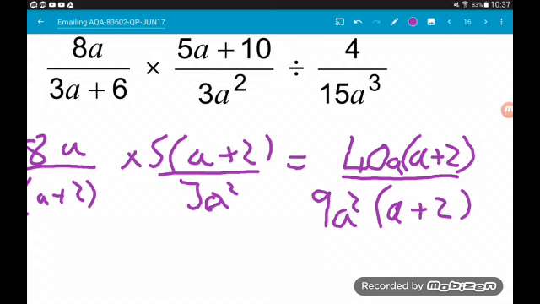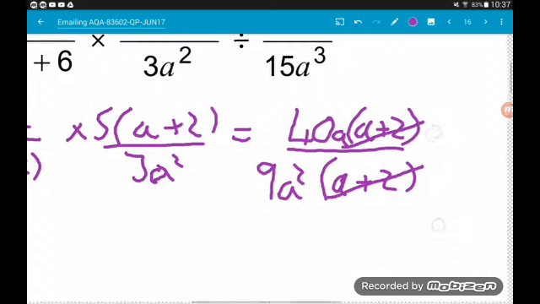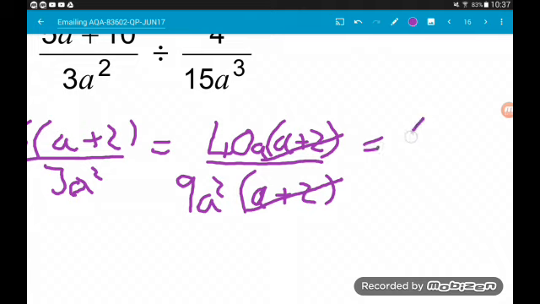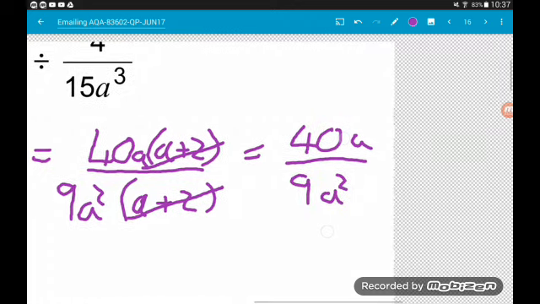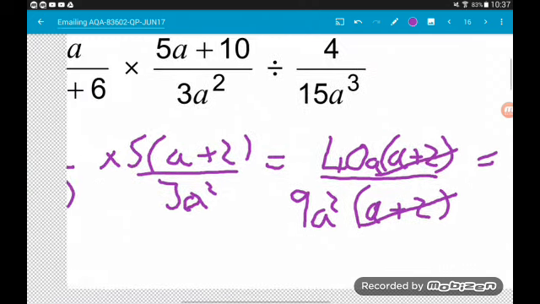So at the moment we have 2 common factors. We've got a common factor of a that we can cancel out and a plus 2. So let's cancel the a plus 2's out first of all. Then we've got 40a over 9a squared. So then we've got a common factor of a, so we've now just got 40 over 9a, like that. So now we can carry on with the question.